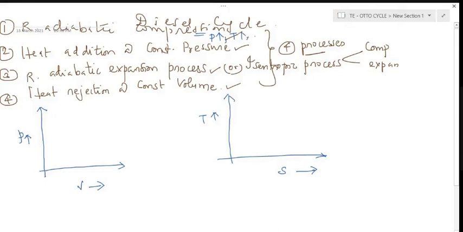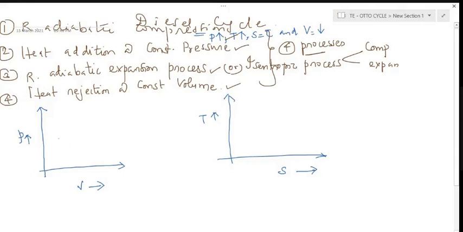And it is a reversible adiabatic process. We know that during an isentropic process, the entropy must be constant. And one more parameter, volume: if pressure gets increased during compression, definitely volume gets decreased.